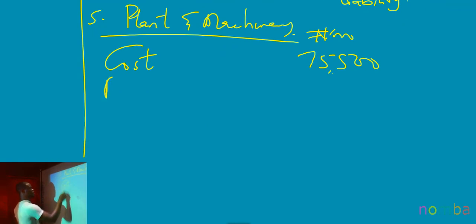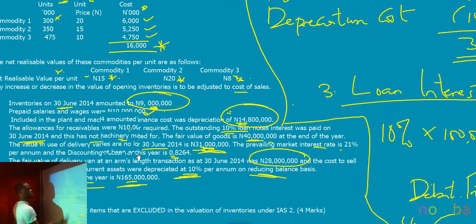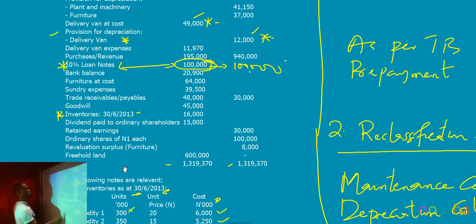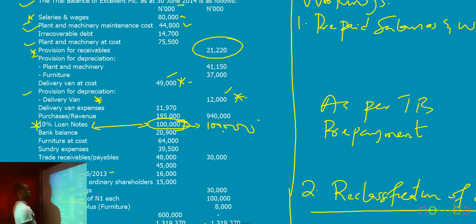Then the accumulated depreciation, they gave us already. That's the provision for depreciation, and it was 41,150.